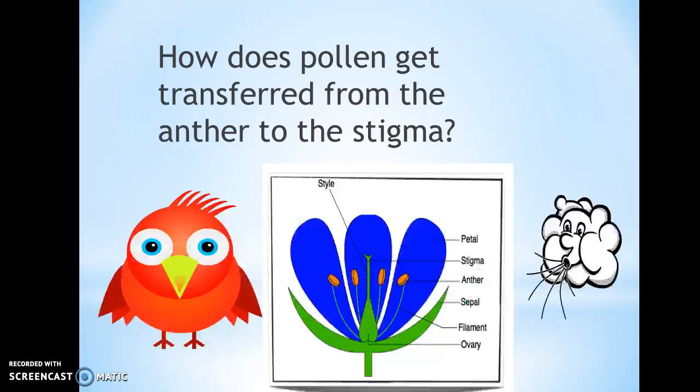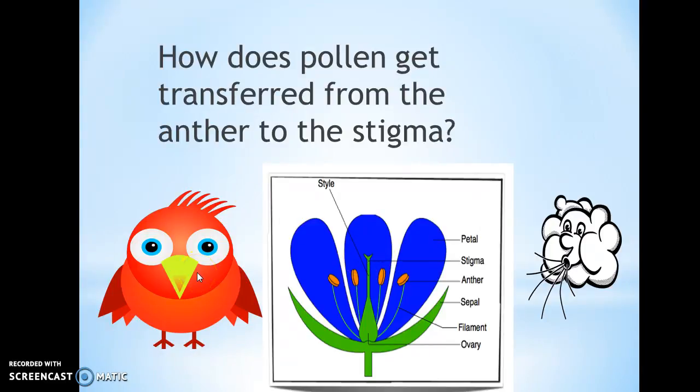Okay, so moving on, it says, how does pollen get transferred from the anther to the stigma? So, in order to make a seed, we have to go from the male part of the anther to the female part of the stigma. And there's a couple of different ways that can happen. Wind can make that happen. So it can literally blow the pollen off of the anther and move it to the sticky stigma.